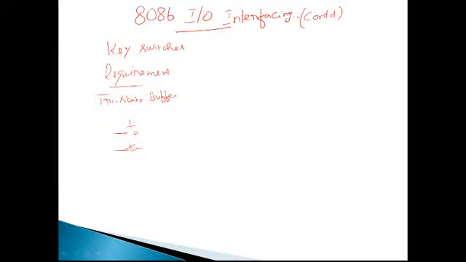So how do I determine whether the switch is closed or not through an input port? That is my requirement now. As we have discussed, this can be interfaced with a tri-stating buffer like this.